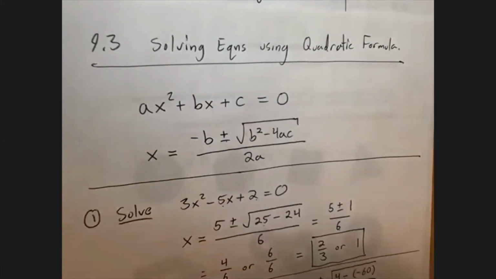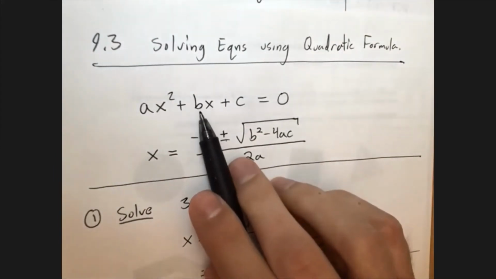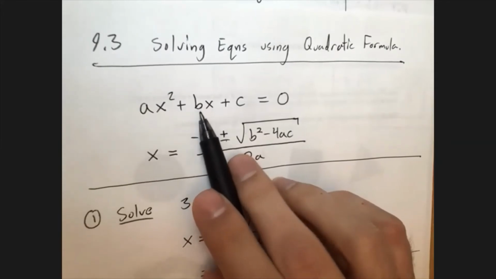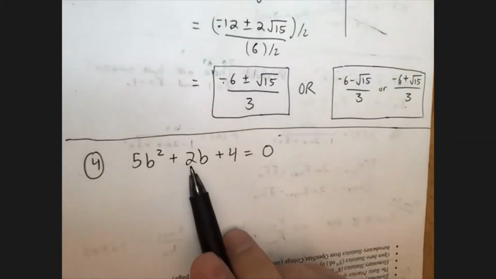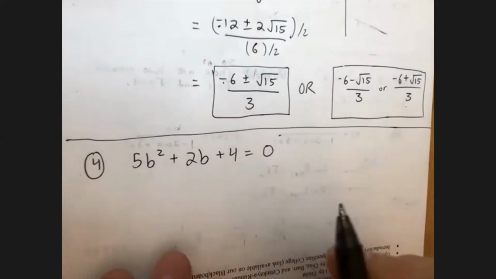So don't get that b confused with this b. We happen to use the same letter here for something else. The b in this formula corresponds to the 2, the number in front of the variable. So we have to be a little bit cautious about how we approach this, but just treat it the same way.